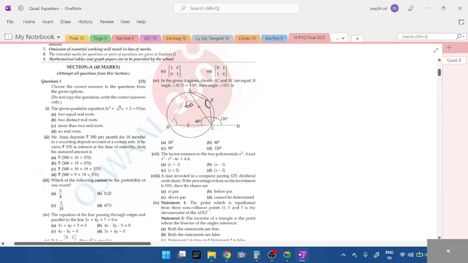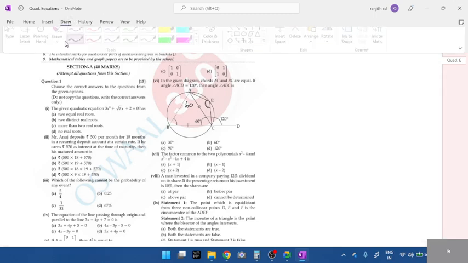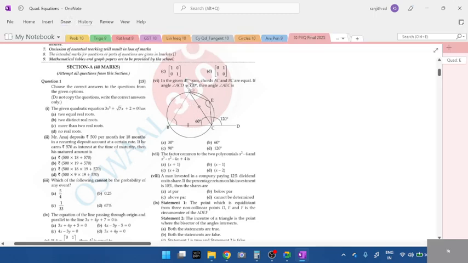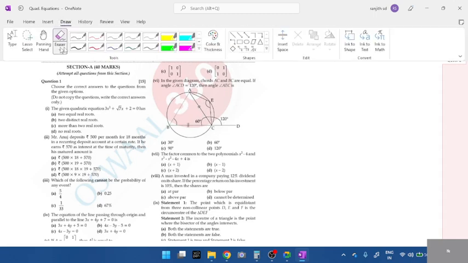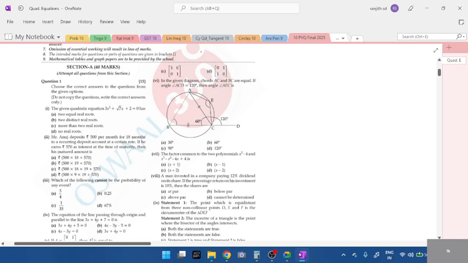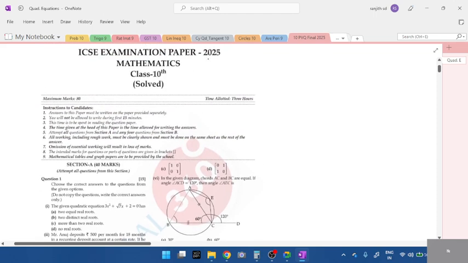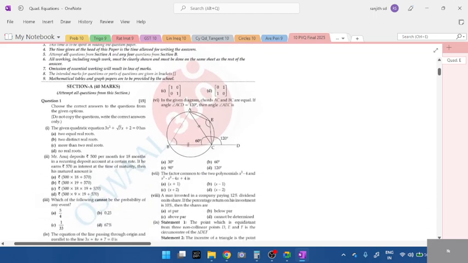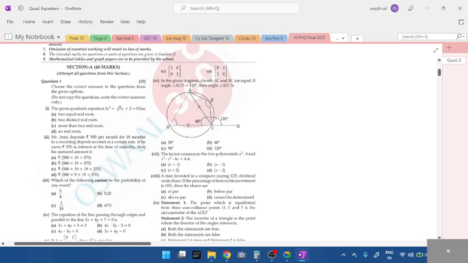Can you see the MCQ question? Somebody asked for MCQ, right? Look at this MCQ. This is 2025, 25 or 26? 25 paper. After this, we'll do 2026. What is asked, dear students? What do we need to find? Angle AEC.